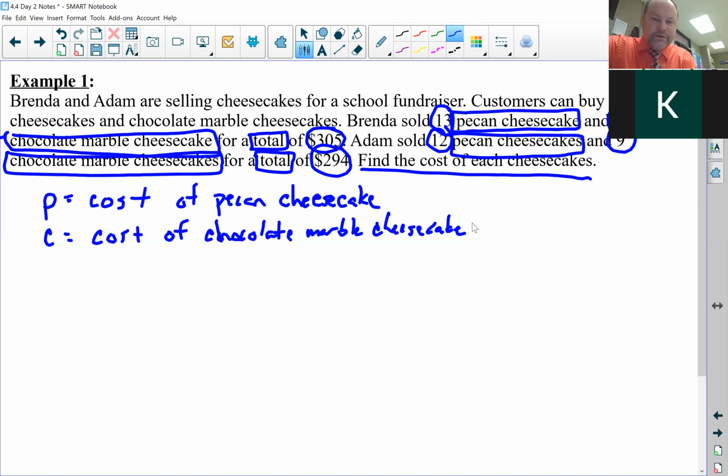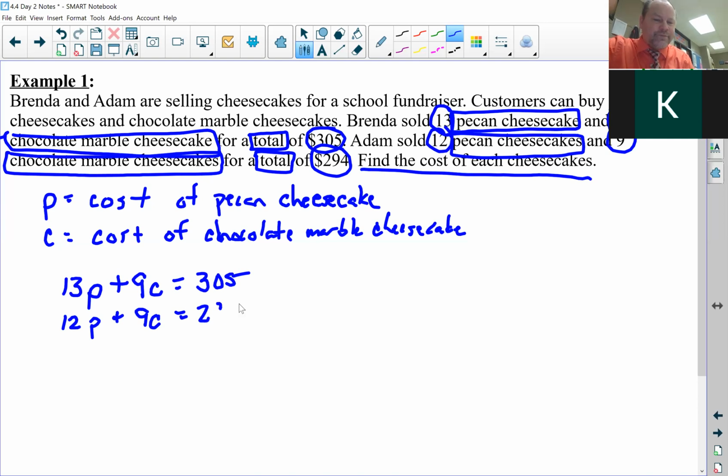So Brenda sold 13 of the pecan cheesecakes and 9 of the chocolate marble cheesecakes for a total of $305. Adam sold 12 pecan cheesecakes and 9 chocolate marble cheesecakes for a total of $294.